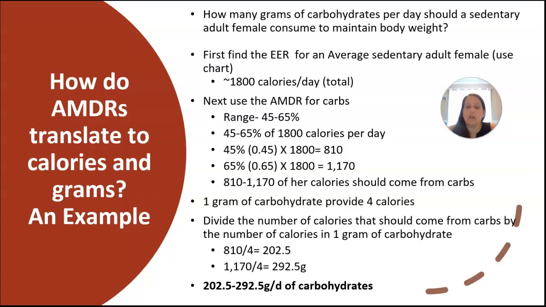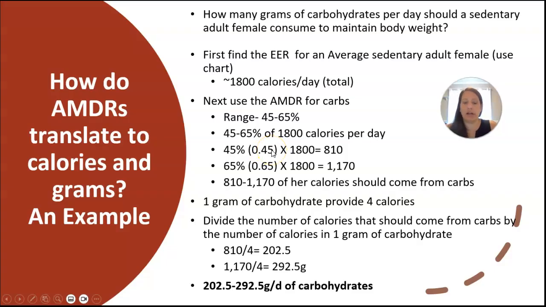Okay, so we need that number. We got that. So now we're going to apply this. So how many calories of the 1,800 should come from carbs? And so 45 to 65% of them. And so let's actually get the calories. So how are we going to do that? We're going to take 45%, change that into a decimal, so that's equal to 0.45.